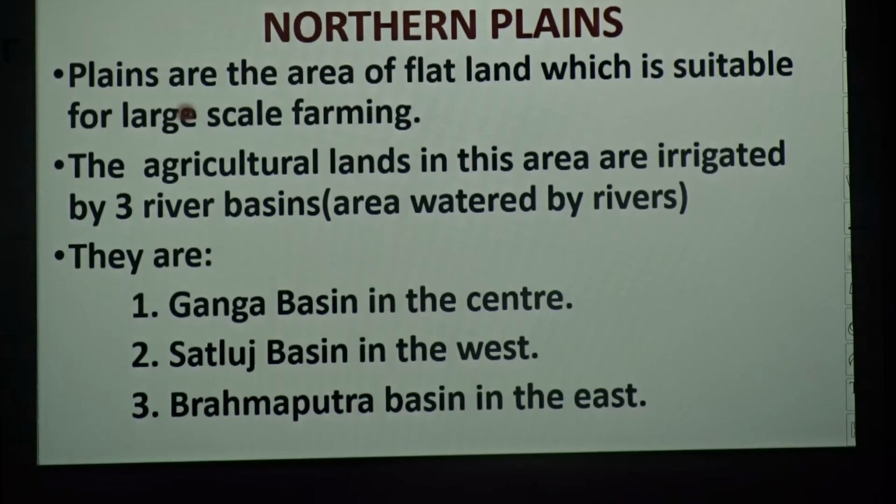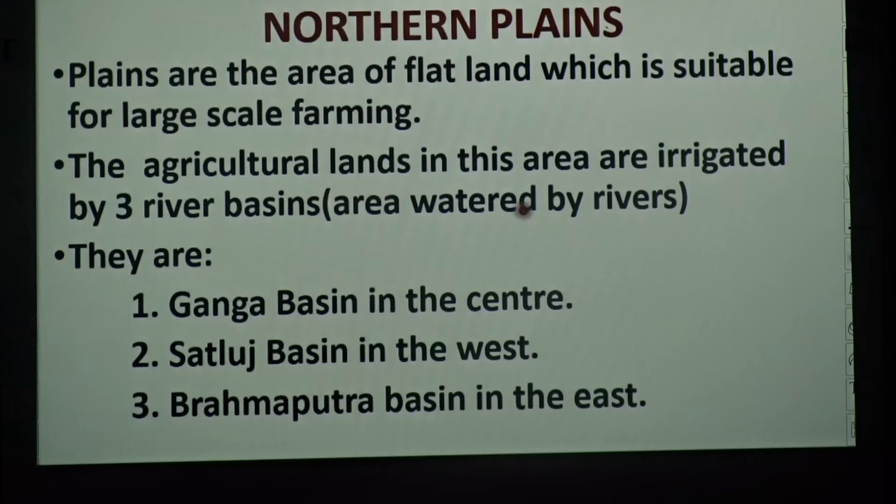Northern plains. The plains are areas of flat land which are suitable for large scale farming. So in the plain regions, agriculture is very important, and the agricultural lands in this area are irrigated by 3 river basins.